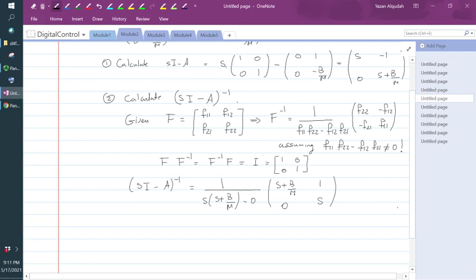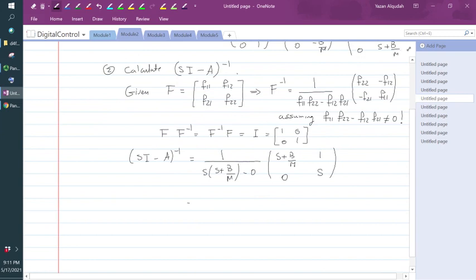Now if I multiply these together, of course this negative minus 0 is going to just disappear, the 0s will disappear. 1 over s(s plus b over m) multiplied by (s plus b over m) is going to give me 1 over s. 1 over s(s plus b over m) multiplied by 1 is going to be 1 over s(s plus b over m).